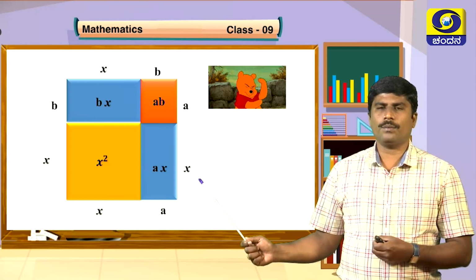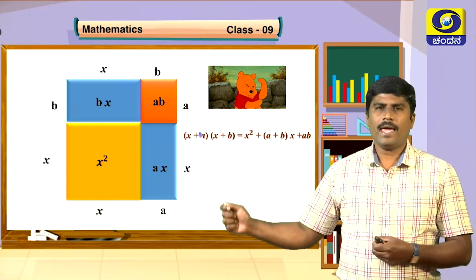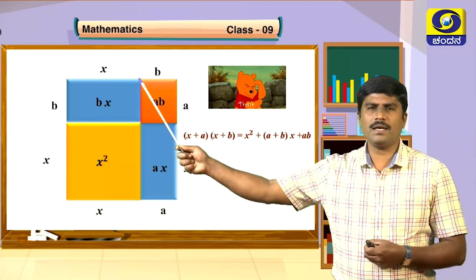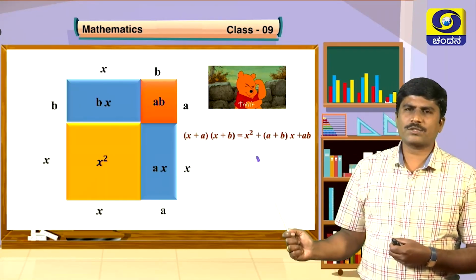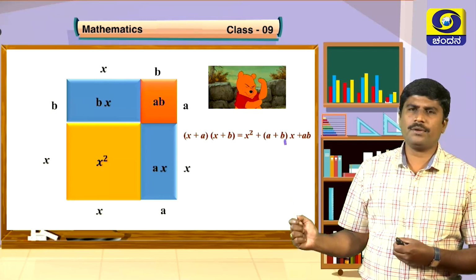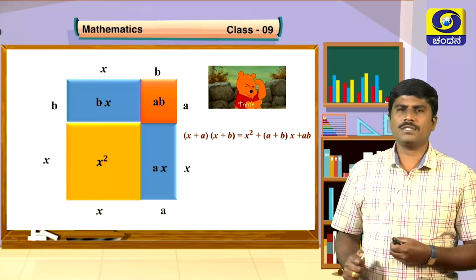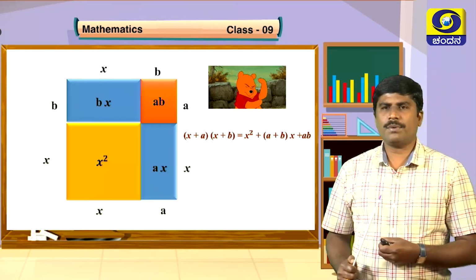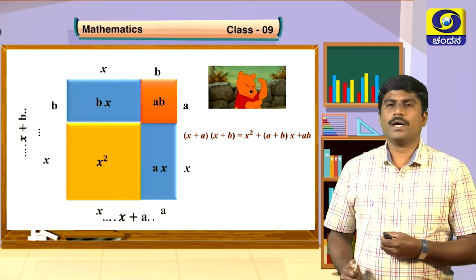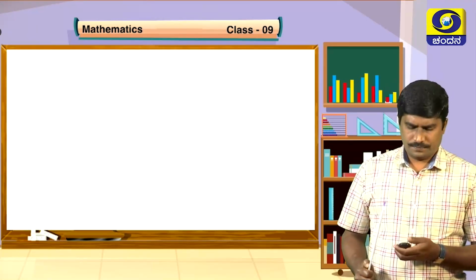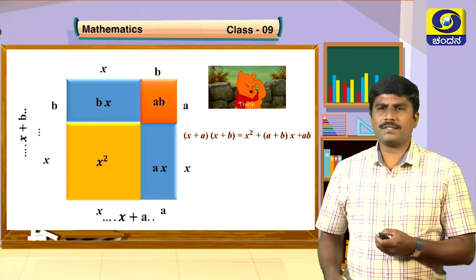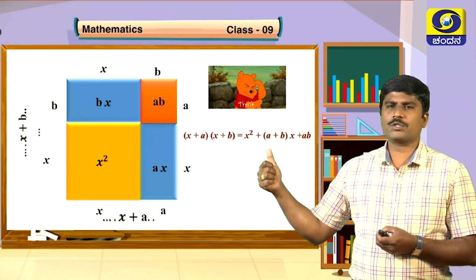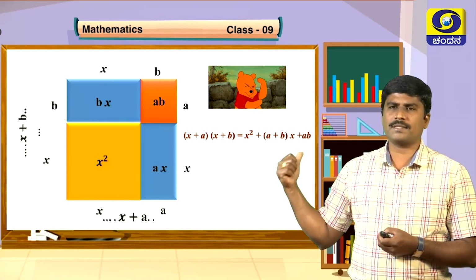Now what you have to do is add them. So x plus a into x plus b is equal to x square plus (a plus b) into x plus ab. This is one more algebraic identity, right? If you multiply those two, you will get x square plus (a plus b) into x plus ab.